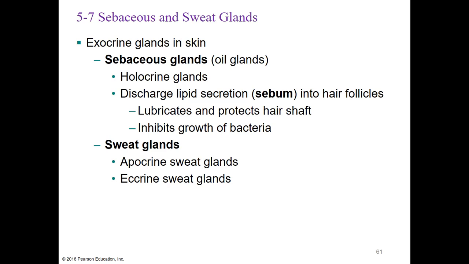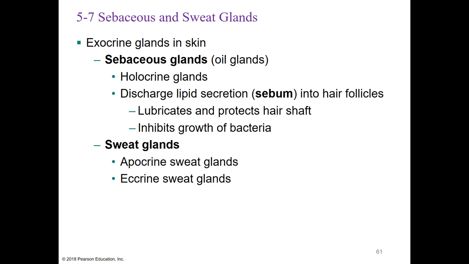These glands discharge a lipid secretion, which is known as sebum, that's the oil, either onto hair when they are associated with hair, and that will help to protect the hair and also inhibits growth of bacteria.